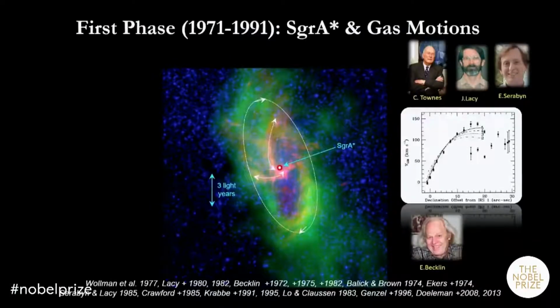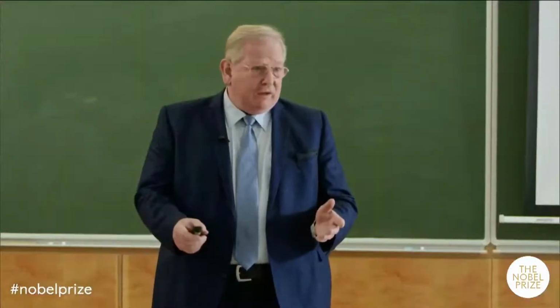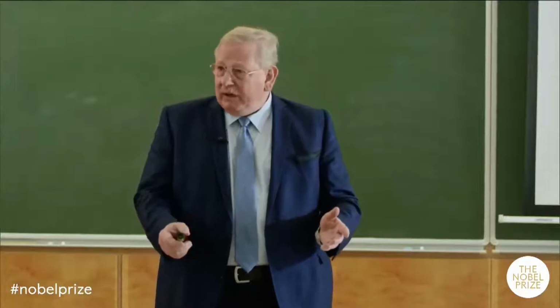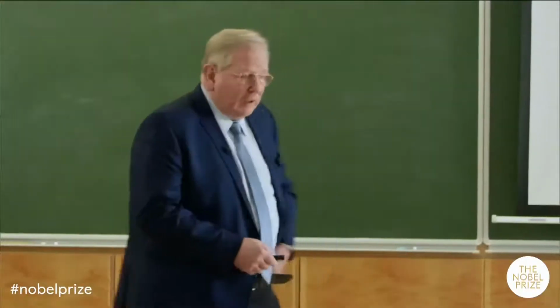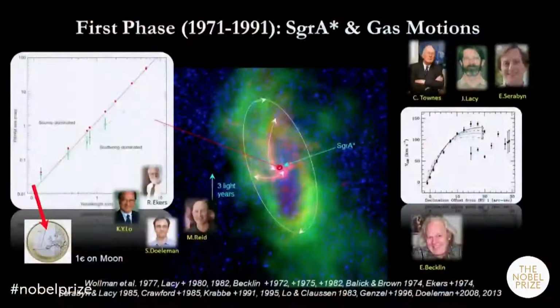You here see how the velocities change along this streamer, and the numbers here give you the mass which would be required if this would be a free-falling, if you like, parabolic or elliptical orbit, and the numbers are 2, 3, 4, 5 millions of solar masses. So that was the first evidence that there was a lot of mass there, more mass than the stars would allow.